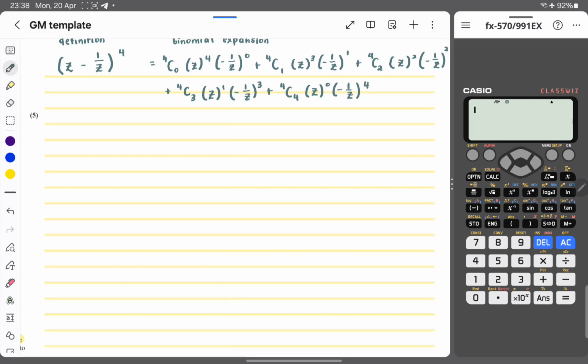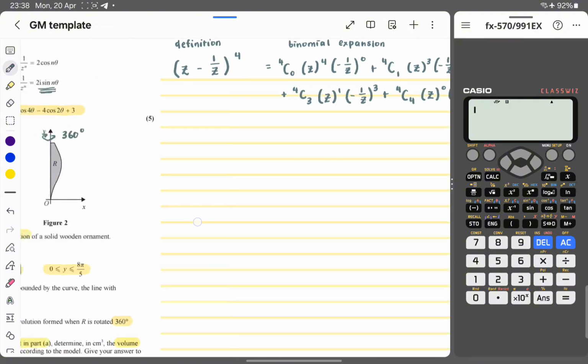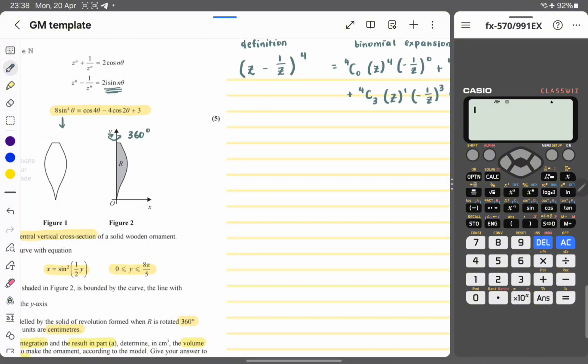So that is our right hand side. Next line, we will use the definition. So what's the definition? Okay, for power of 4, it would be 2i sine theta to the power of 4. So that is from our definition here.